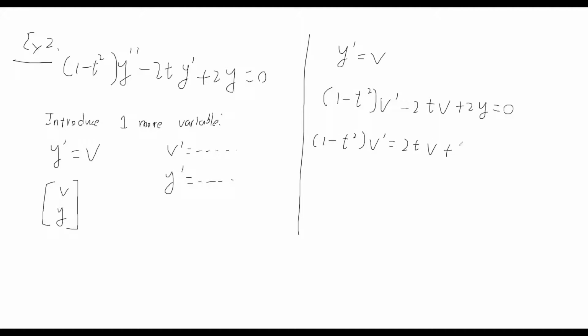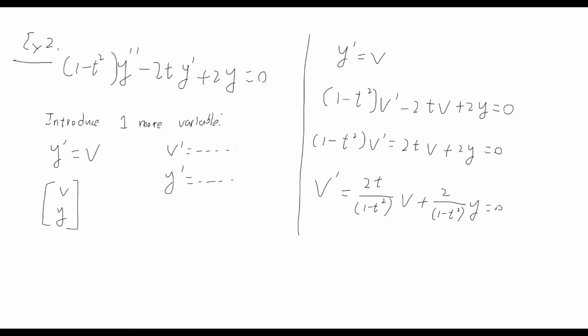So v prime is equal to 2t over 1 minus t squared times v, minus 2 over 1 minus t squared times y.